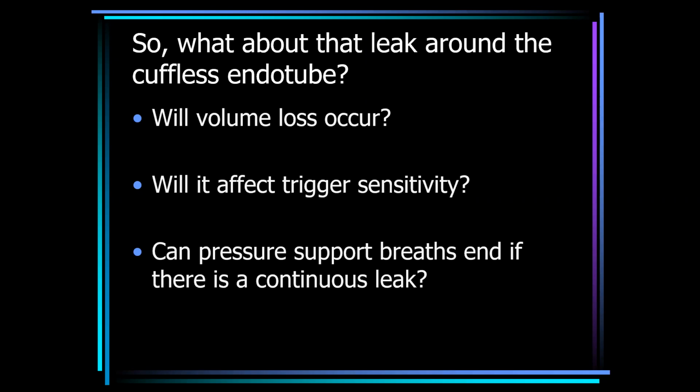That's a big difference with neonates. We always have a leak around the endotube. The leak can be bigger if the tube is too small for their trachea, and less if the tube occupies a large enough spot, but there's always going to be some sort of leak.